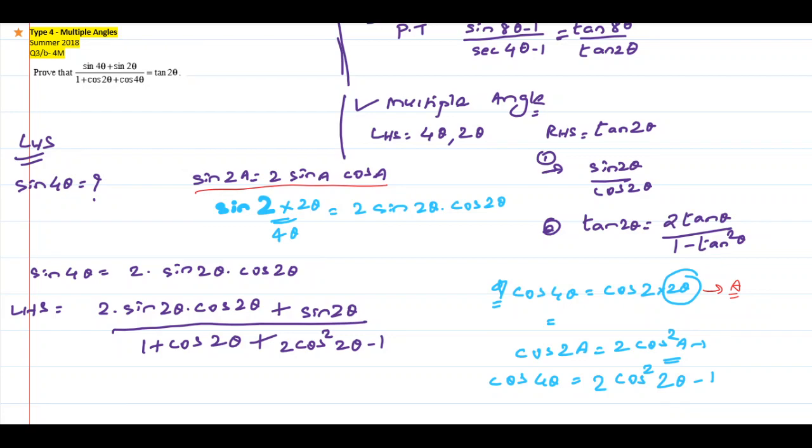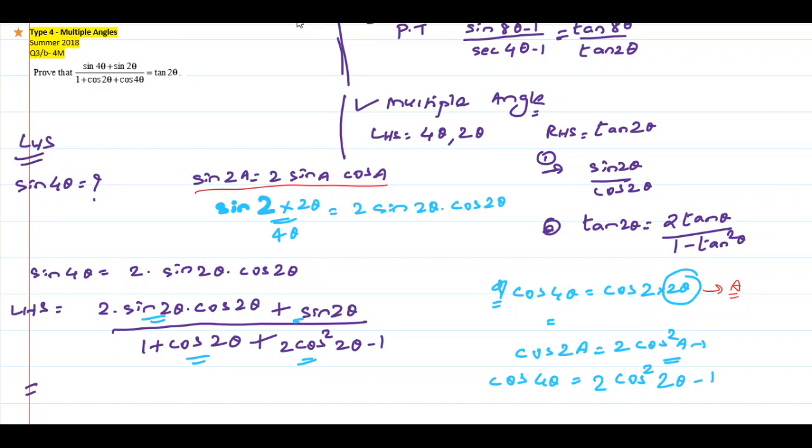So let's keep going. If I simplify this, on the top I can take sine 2 theta, this part and this part common. At the bottom I can take this part and this part common. So let's take the common things out. I can take 2, sorry, 2 will not be common, sorry about that.